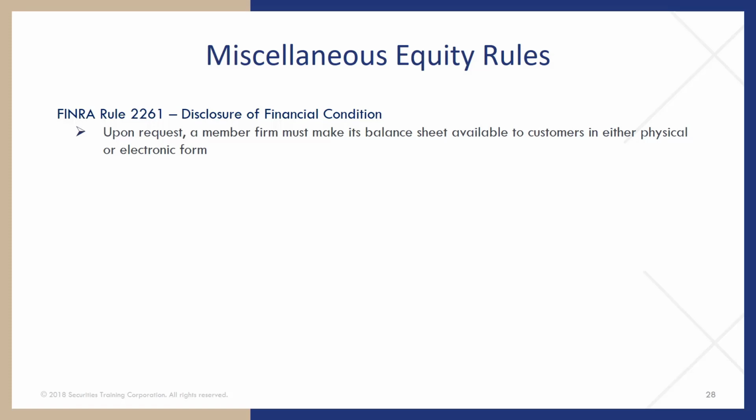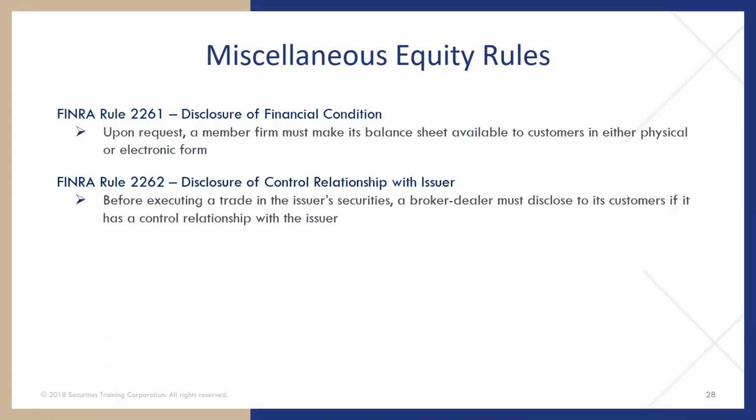Next, FINRA Rule 2262, disclosure of control relationship with issuer. Before executing a trade in the issuer's securities, the broker-dealer must disclose to its customers if it has a control relationship with that issuer. What does that mean in English? Here's the answer. Your client is going to be purchasing shares of Bank of America. The broker works at Merrill Lynch.